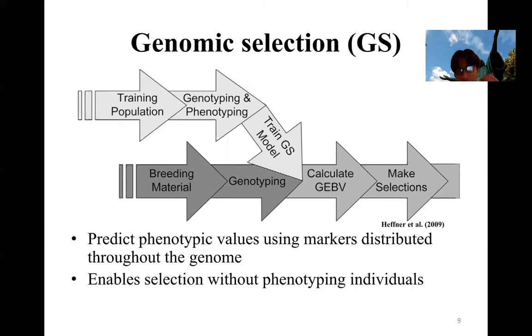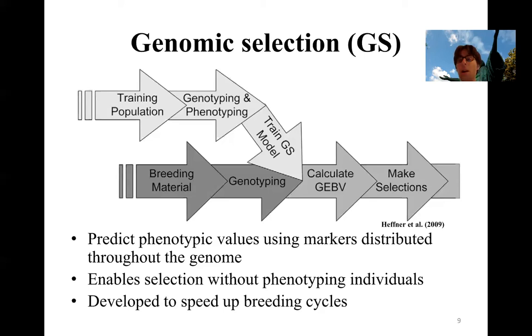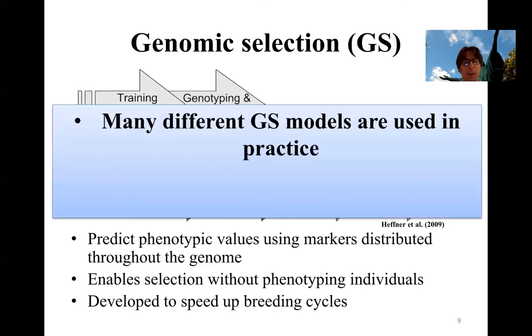The reason why genomic selection is important is that we can make selections out in the field or for crops without having to phenotype them, without having to wait a field season, or maybe for perennial crops, wait multiple field seasons to obtain your phenotypes. Thus, genomic selection can substantially speed up breeding cycles.